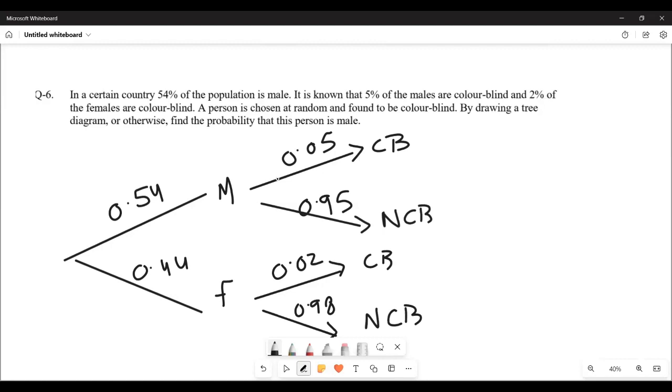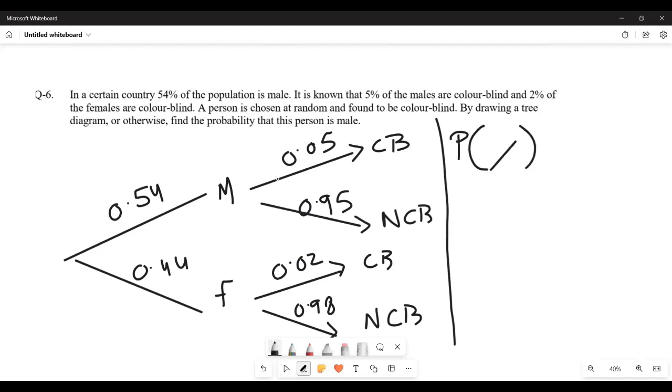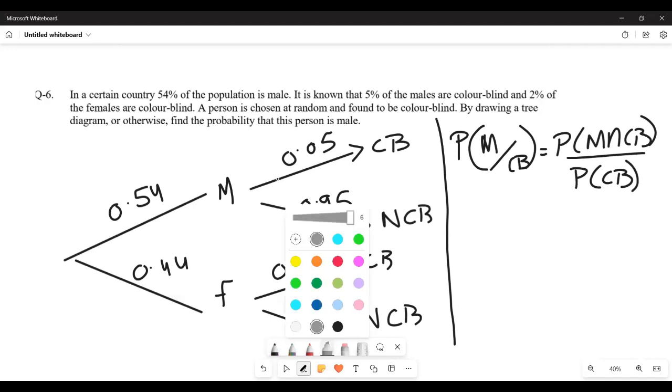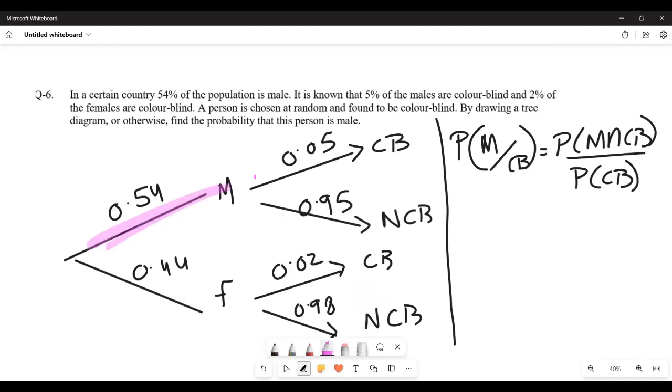Conditional probability का question है. A person is chosen at random and found to be colorblind. So given colorblind, probability of something given that that person is colorblind, find the probability that this person is male. So male given colorblind. So that would be probability of male and colorblind upon probability of colorblind. So male and colorblind is this.